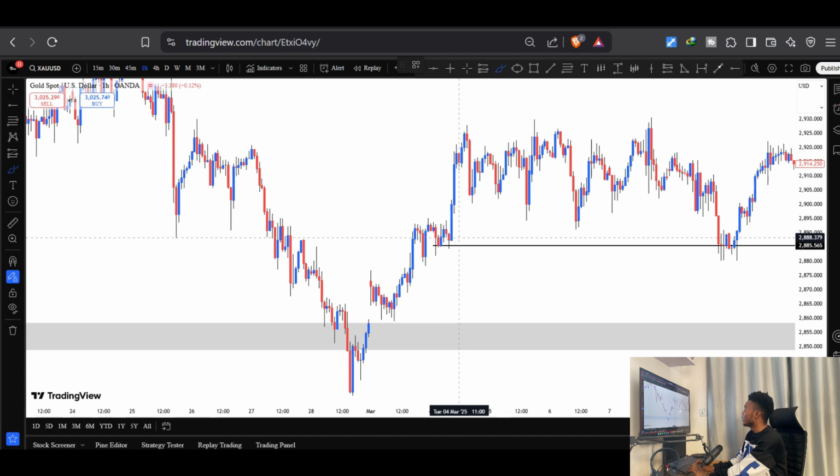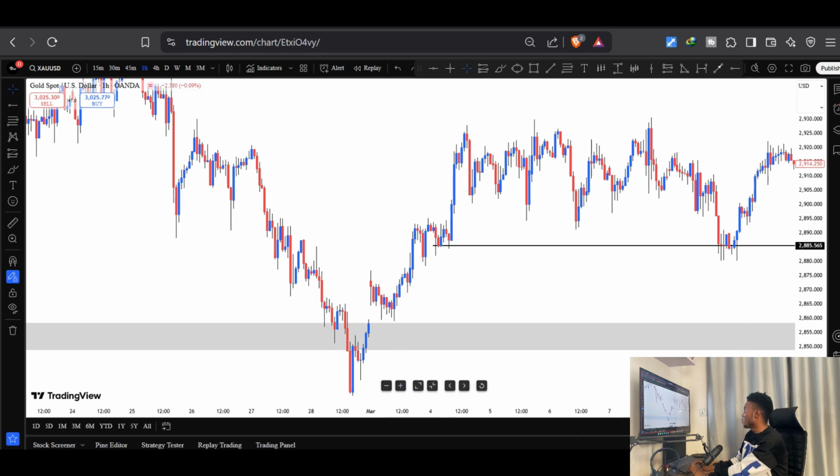Now, if you look at this, the entire move happened during London and New York session, and price did not look back. Why? Because we've already mitigated the lows for the previous day, and we understand that we are trading a ranging market, and what we want to do is play price from one key significant level to the next.